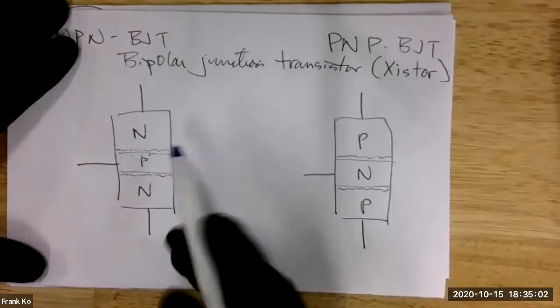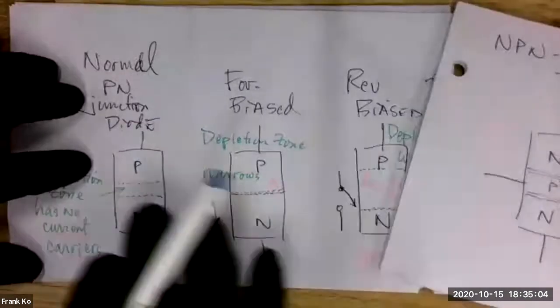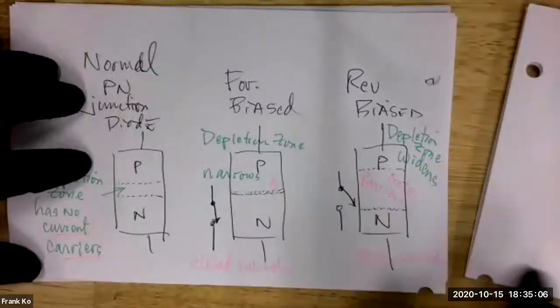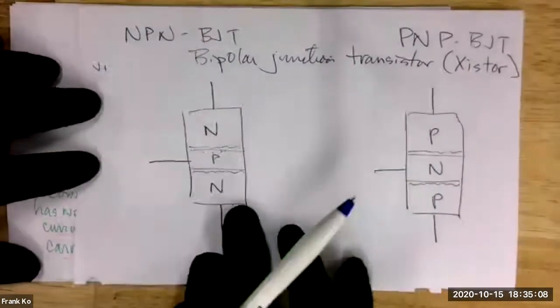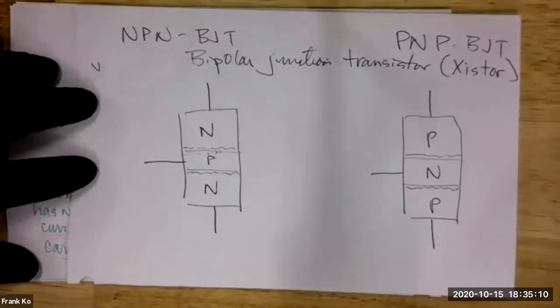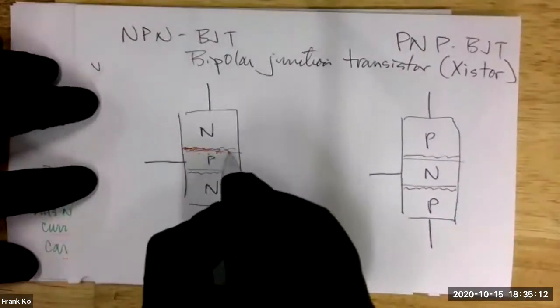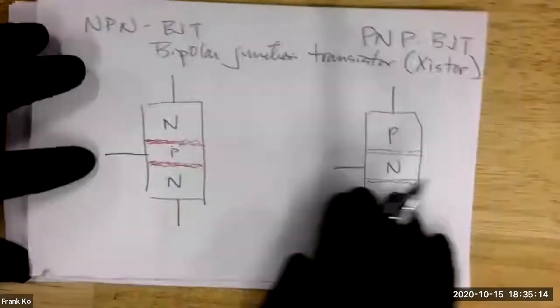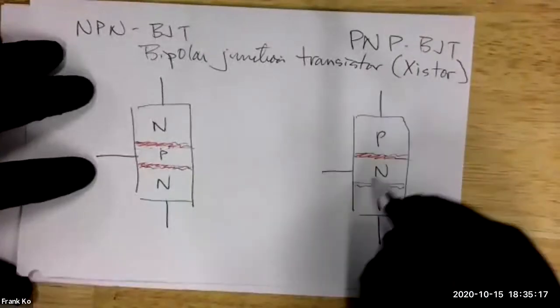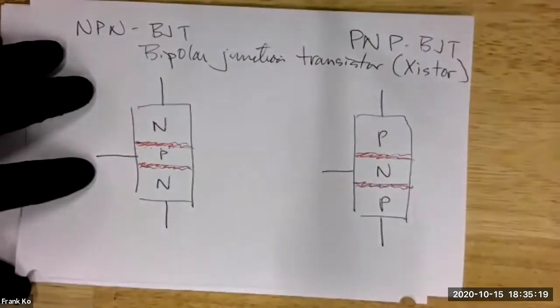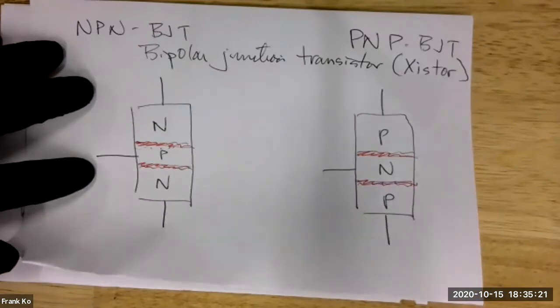And there happens to be, instead of just one junction between them, because we're sandwiching three layers together, we now have two PN junctions, okay? There and there. There's two junctions in here now.